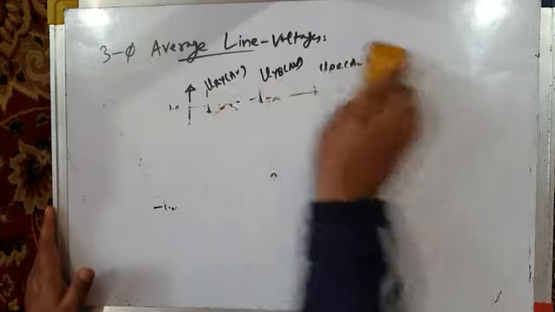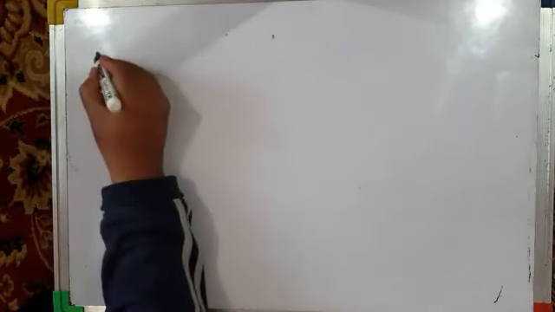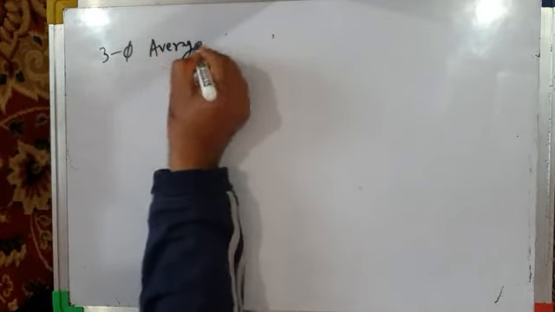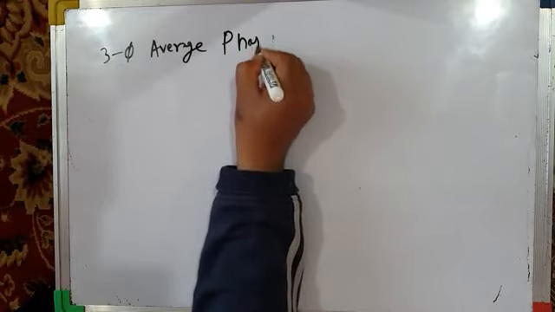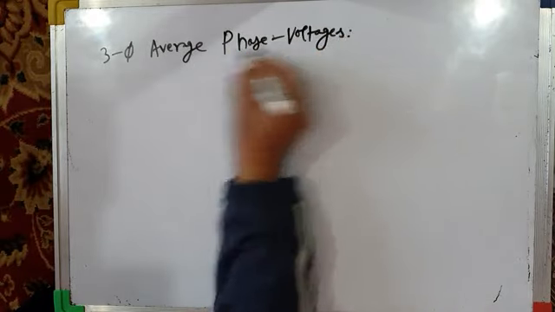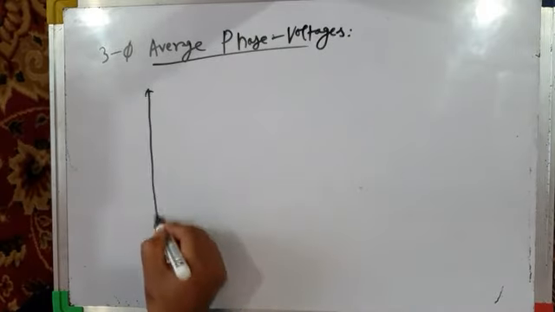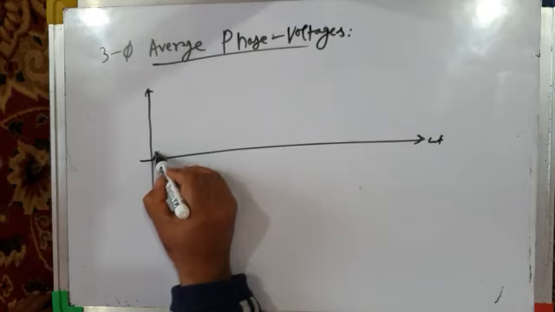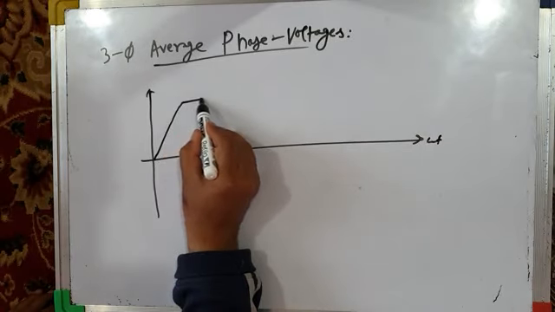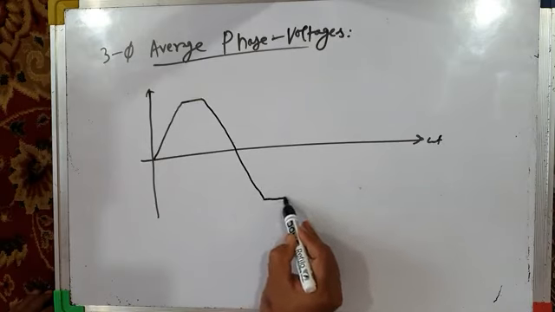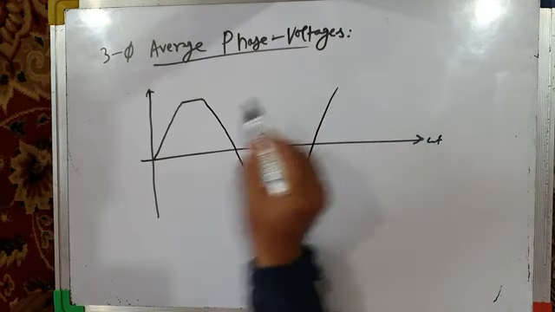And now three-phase average phase voltages, or line to neutral voltages: VRN, VYN and VBN average. They will be similar to pole voltages. They will follow the pattern of pole voltages.